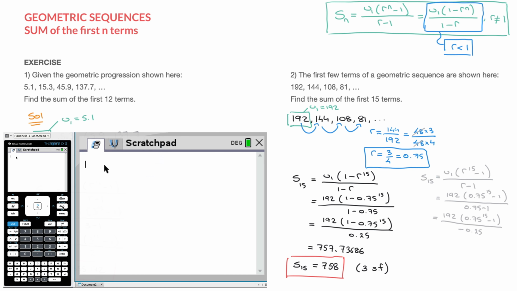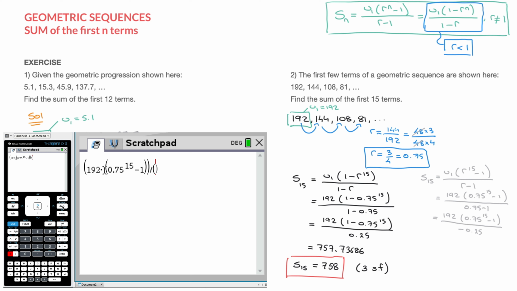Now moving over to our calculator and typing this entire numerator inside its own pair of parentheses, we'll have 192 times, in parentheses, 0.75 raised to the power of 15, I'll take 1 away from that, and I exit all the parentheses. That's the numerator taken care of. And I now divide all of that by negative 0.25.